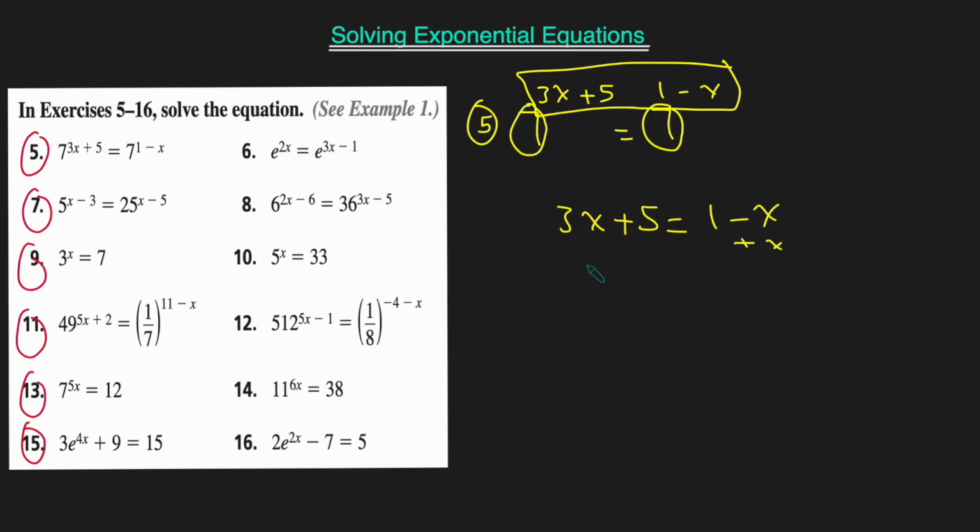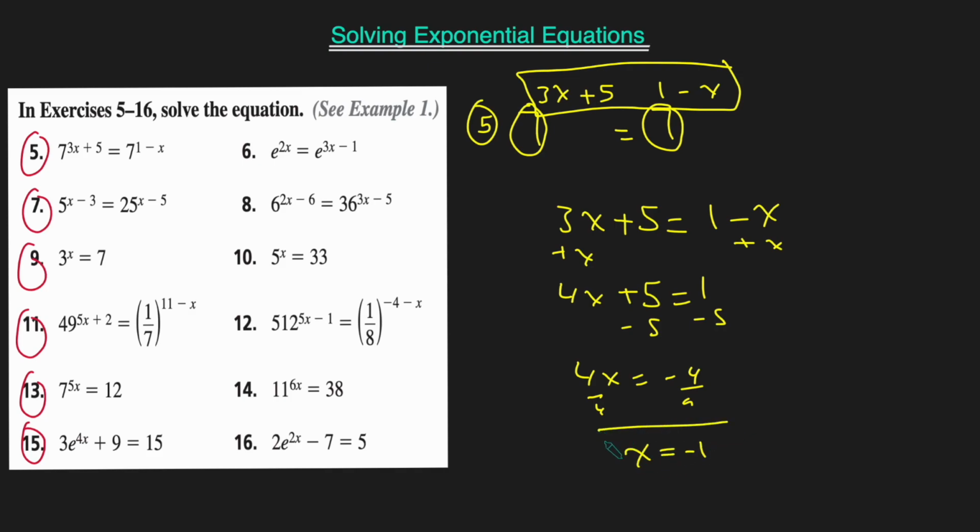I bring the x to this side. That gives me 4x plus 5 equals 1, and I move my 5 to the other side, and I have 4x equals negative 4, divided by 4, and x is equal to negative 1.